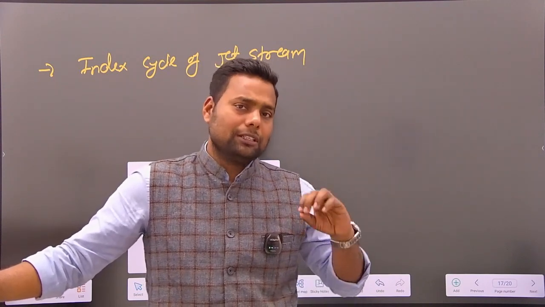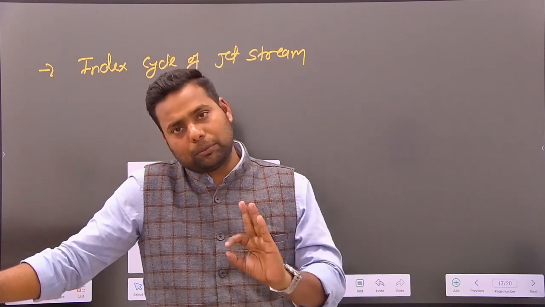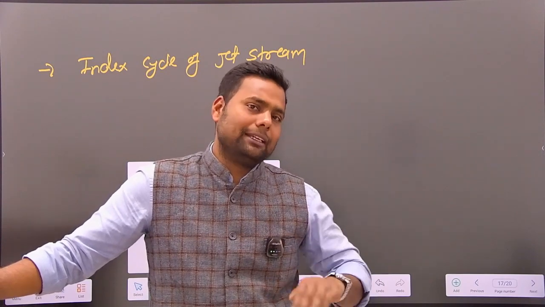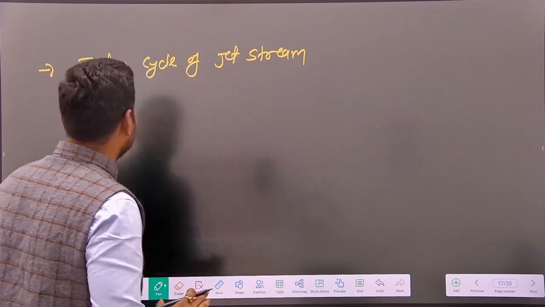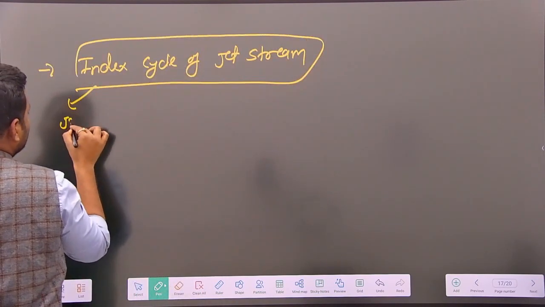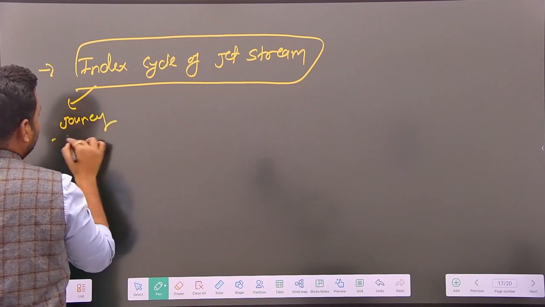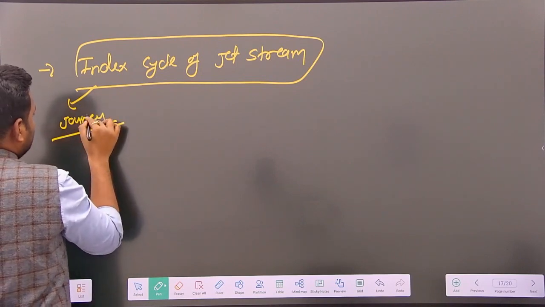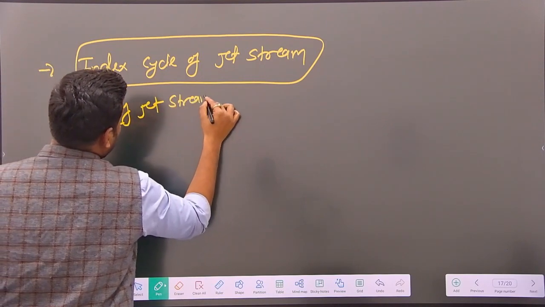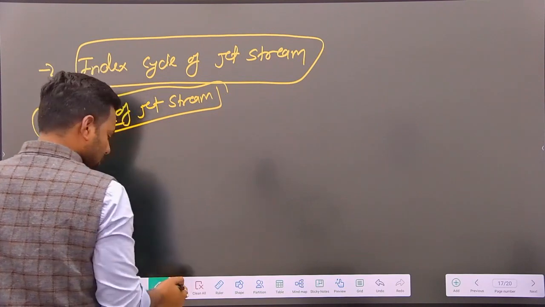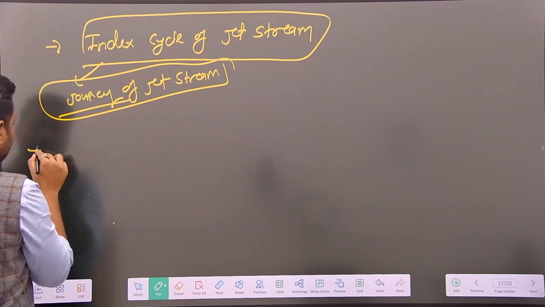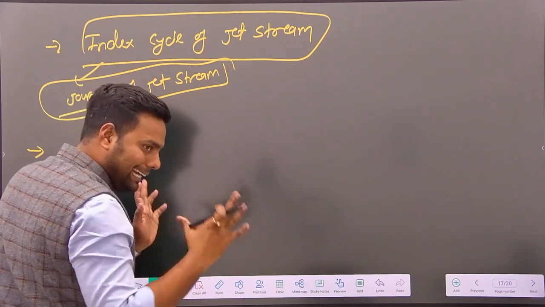It talks about how the jet stream gets more matured and how the jet stream ends. It talks about the journey of the jet stream. So there are four successive stages of formation and ending of the jet stream.